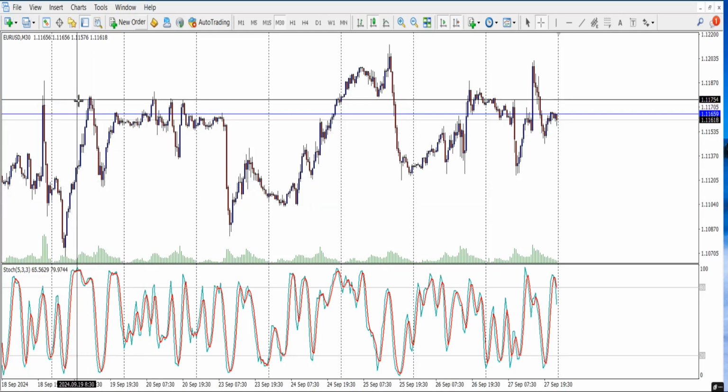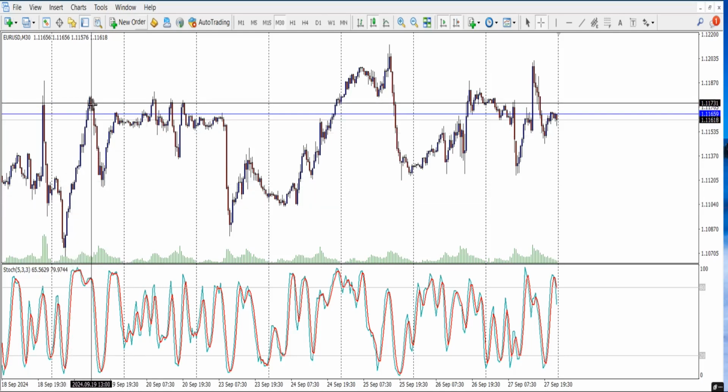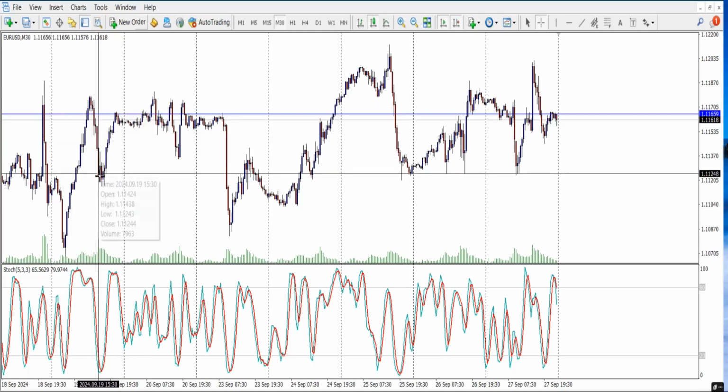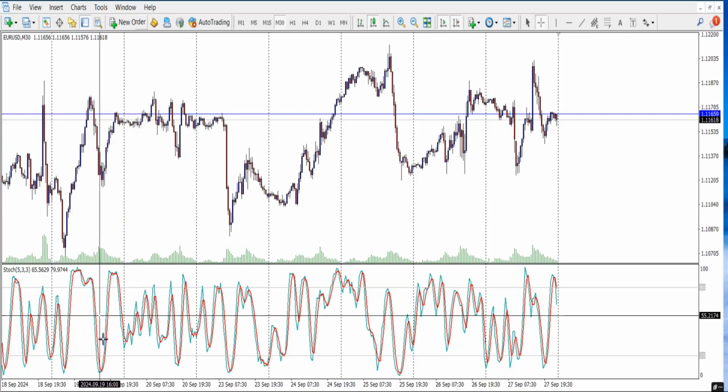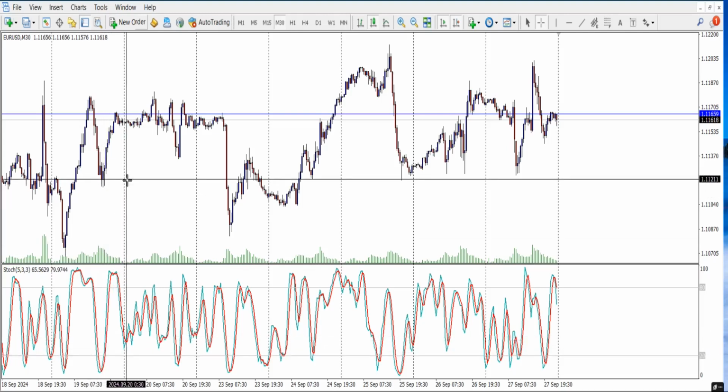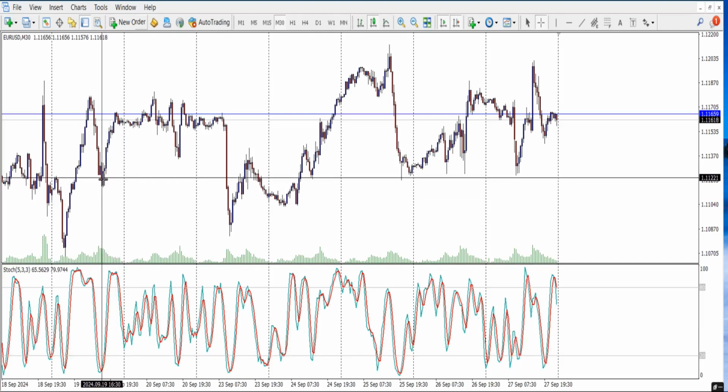For example, if we had entered a sell trade around here, we might not necessarily wait for an opposing signal from the stochastic oscillator. We can just set a take profit around the support zone. We can see that there is a support zone here, so that is one of the ways to set your take profit.